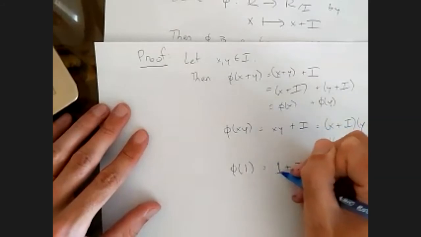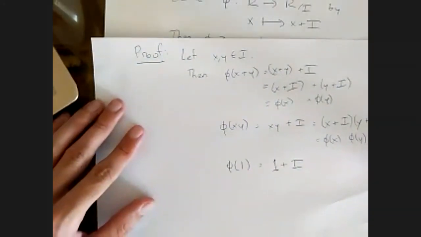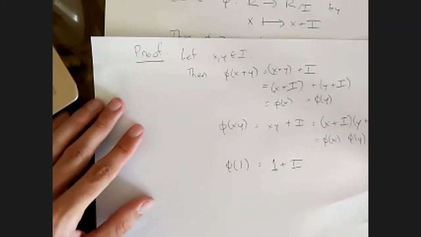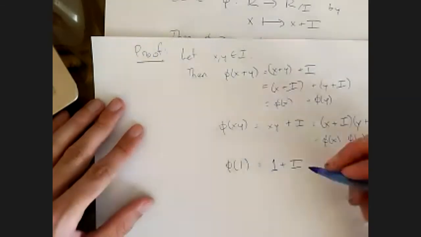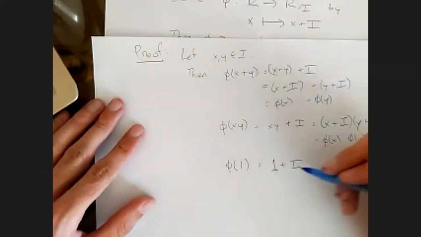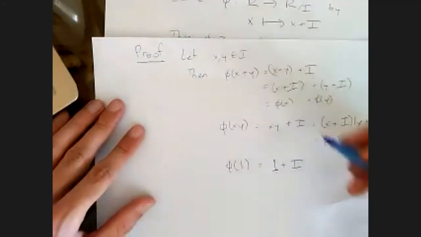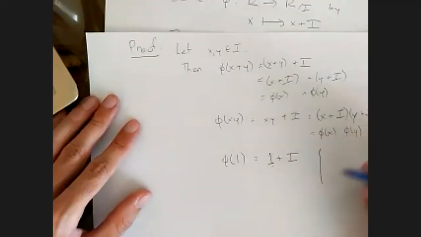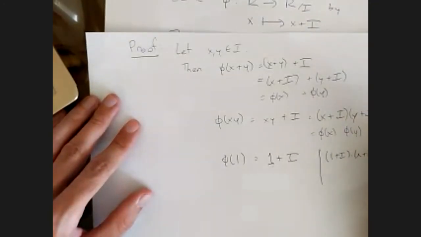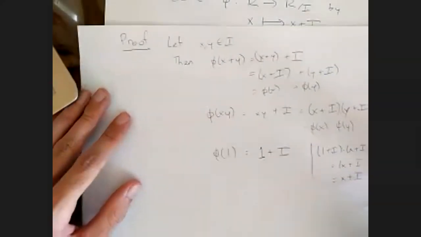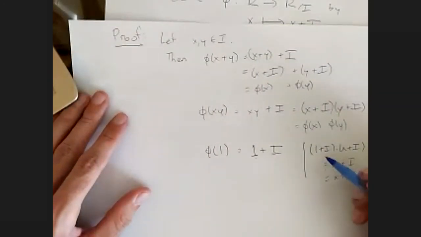And now we just need to verify that the coset of 1 is the multiplicative identity of R mod I. So if you check that, 1 plus I times x plus I, that's just 1x plus I, that's just x plus I. That shows that the coset of 1 times any coset equals that same coset.